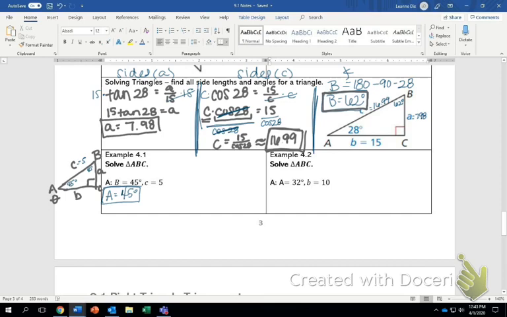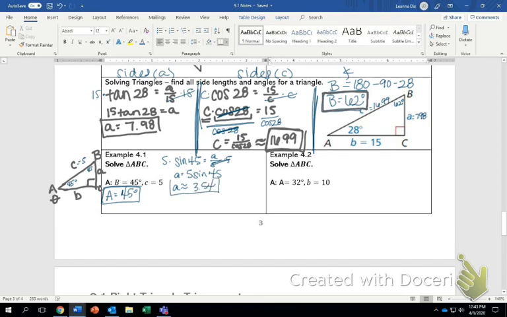So sine of 45 equals opposite A over our hypotenuse, which is 5. To get rid of it, I need to multiply each side by 5. So A is going to equal 5 times sine of 45.